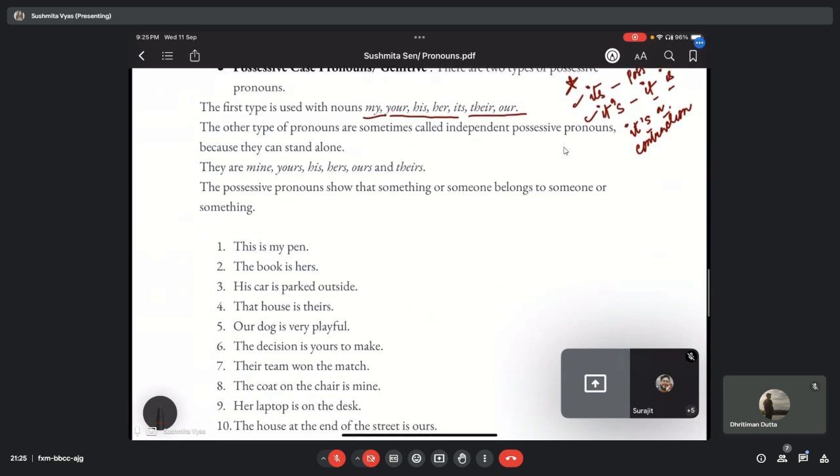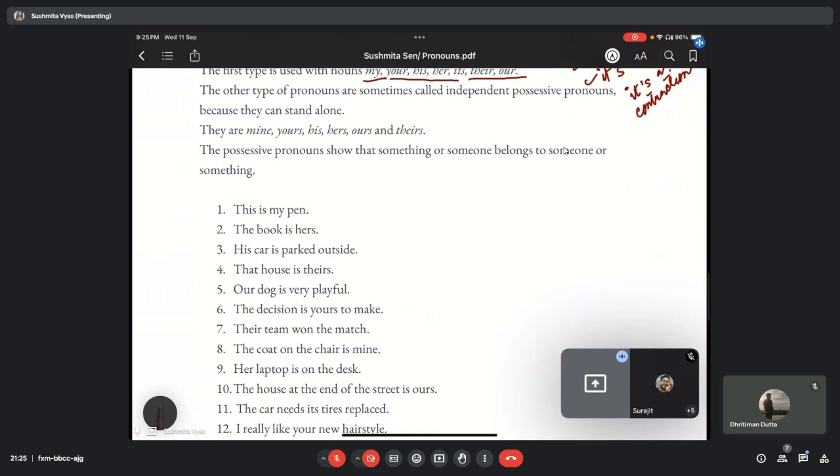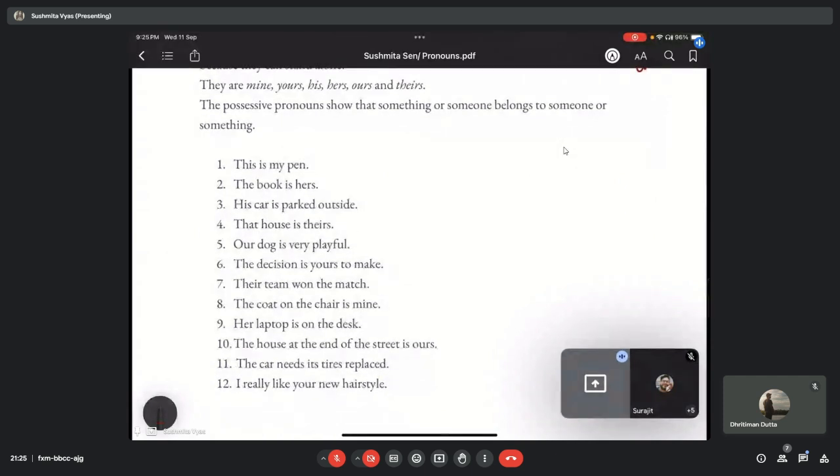Alright. So these are some of the examples of possessive case pronouns. Just go through it once. My pen, hers, his, theirs, our, yours, their, mine, her, ours, its, your.